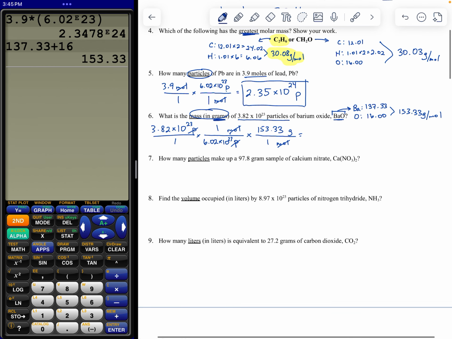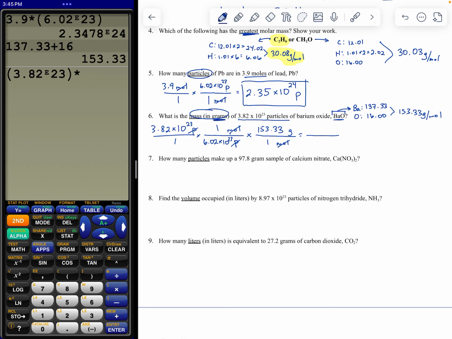So what I was talking about before with simplification is we can actually just take the top numbers, multiply them together, and take whatever's on the bottom, multiply it together, to get just two numbers in the end that we have to divide by. So 3.82 times 10 to the 23rd.